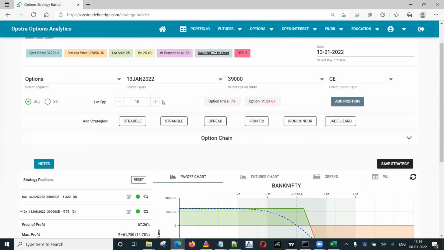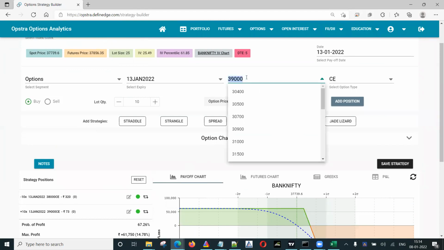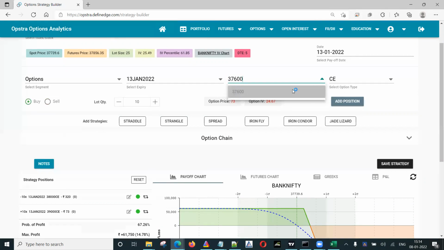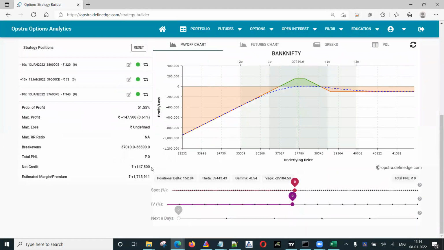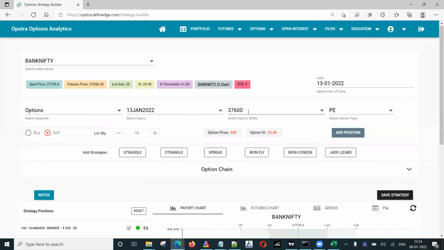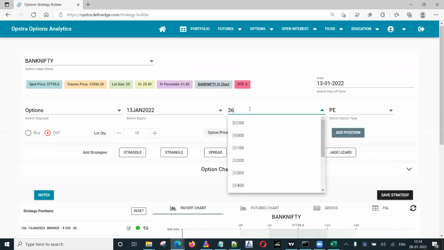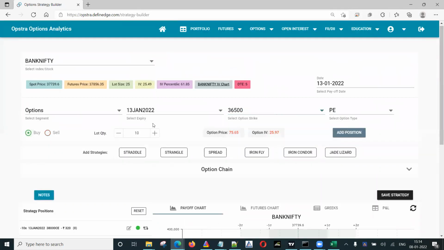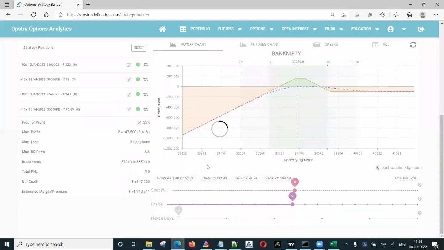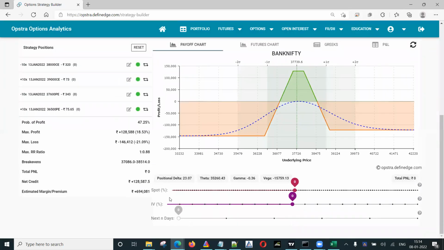So on one side, and at the same time, if I also short 10 lots of put, and I have to buy 36,500 put as hedge, that takes the total margin, if you are at any given point in time short on call and put both put together, to about 7 to 7.5 lakhs, right?